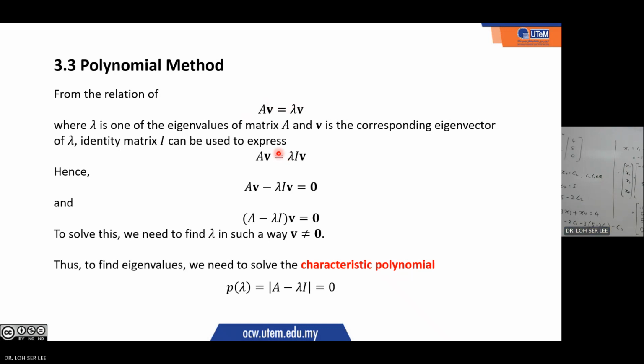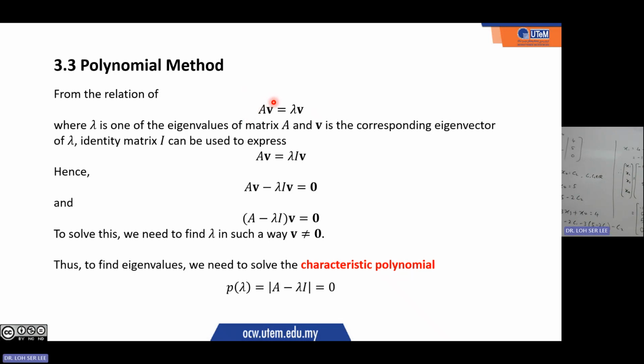But this one, we can't move directly to the left, because A is a matrix, lambda is a constant. If you move this to the left and you factorize the v, that means you have A minus lambda in the bracket times v.